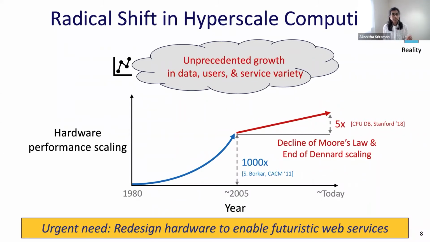So clearly, modern hardware is at a point where it can no longer meet this rapid shift in hyperscale computing requirements, which means that there is now this urgent need to redesign hardware architectures fundamentally from the ground up to deal with all of this increase in data, users, and also service functionality.